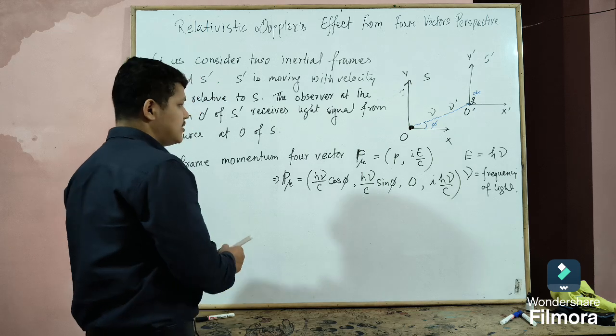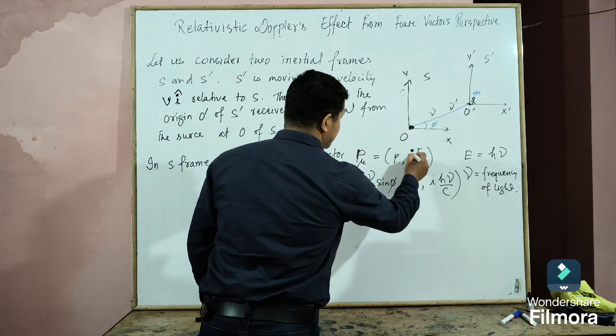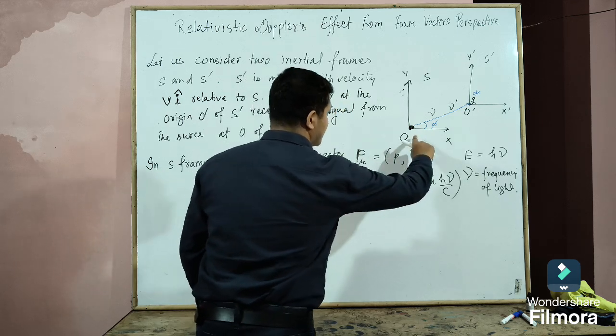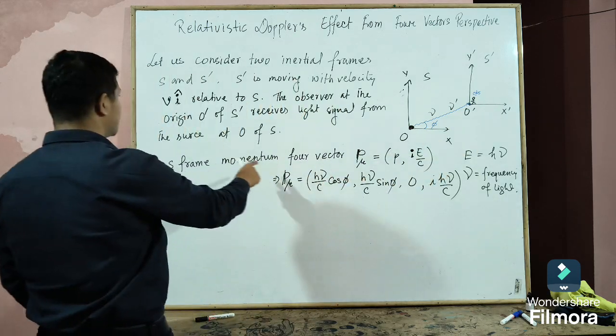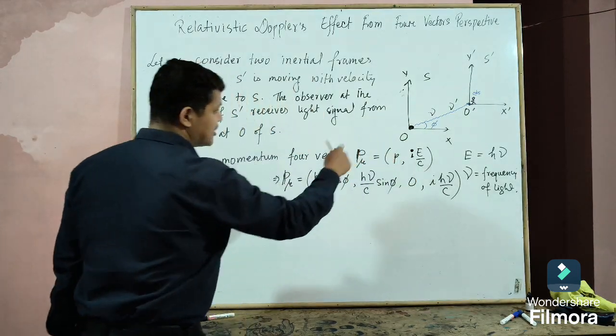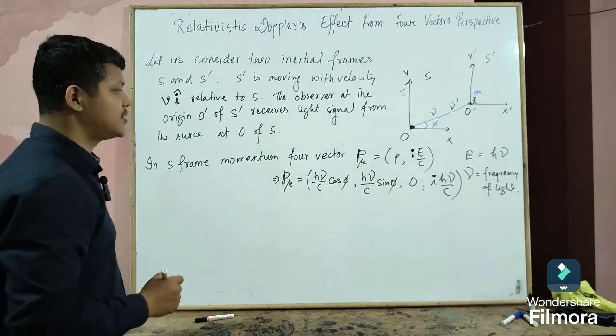So now remember one more thing, that this i is not the unit vector of the x component. This is not the i cap. This is the imaginary number i, right?